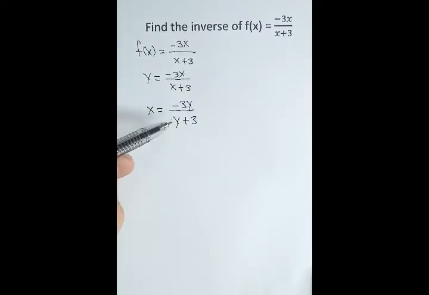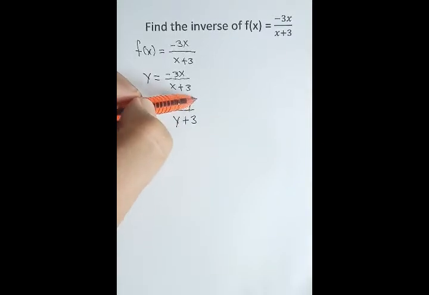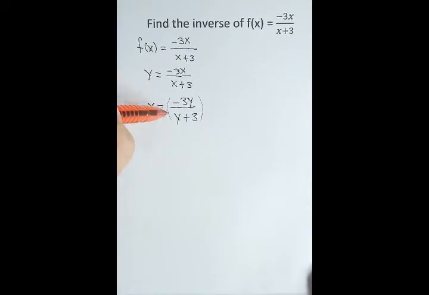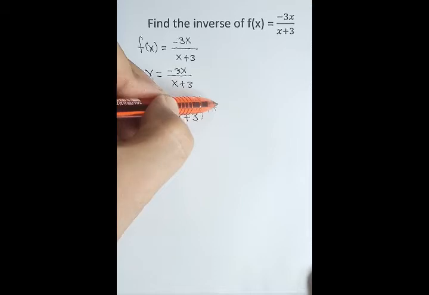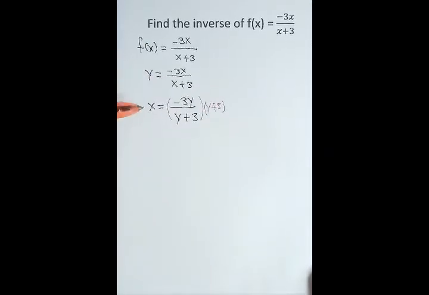So transpose this y plus 3 to the right side of the equation. Or ato siyang i-multiply tanan. Parehas siyang atong i-multiply tanan. Y plus 3 sa pikas pod y plus 3. So cancel out ang y plus 3.